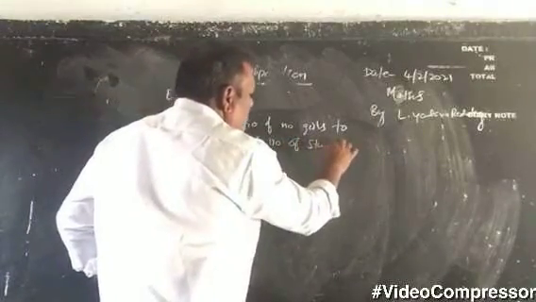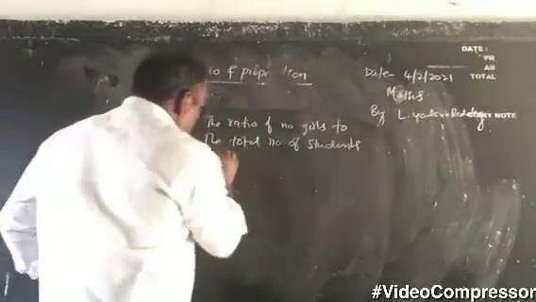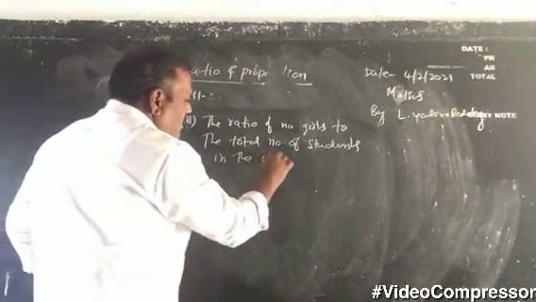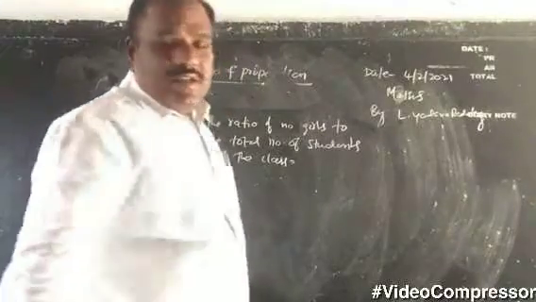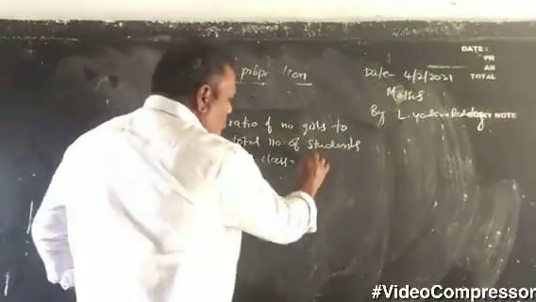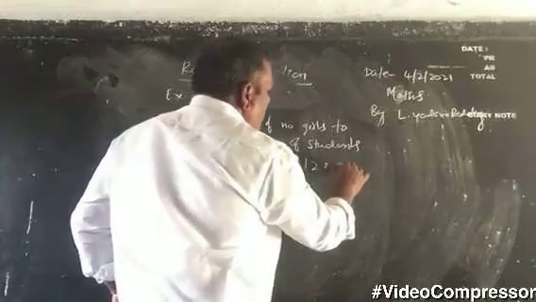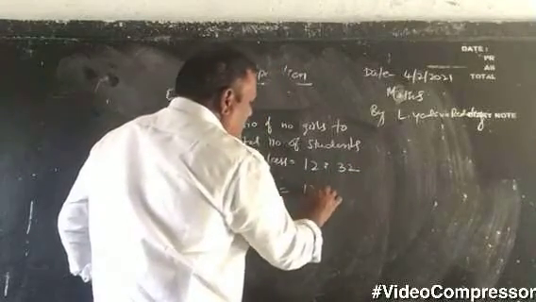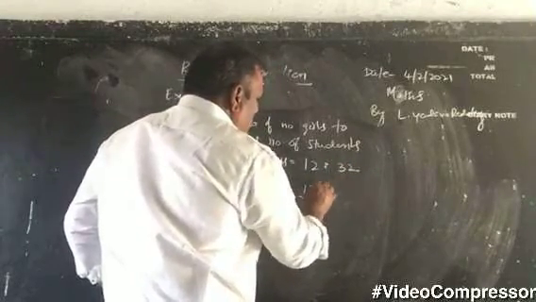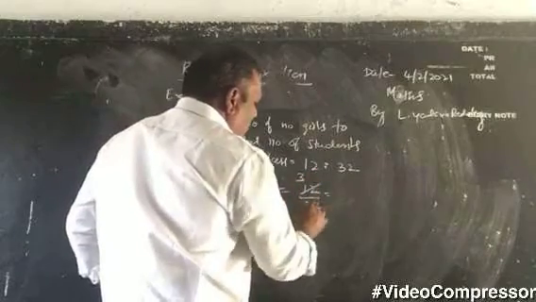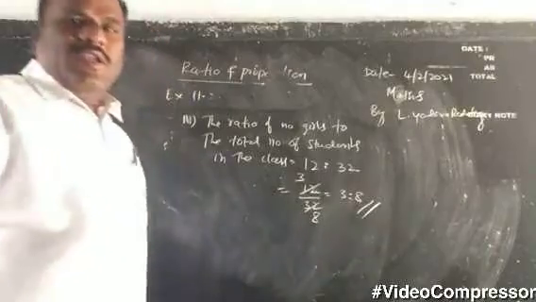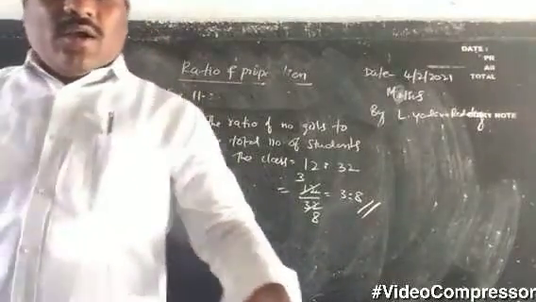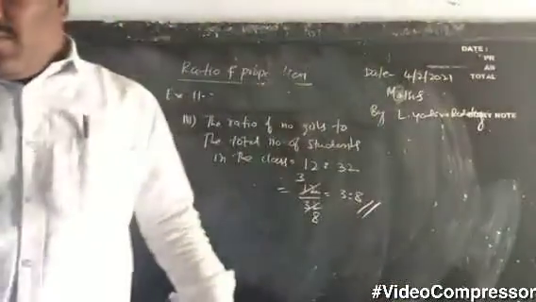Number of girls: how many girls are there in the class? 12 girls are there. So 12 is to 32. That implies 12 by 32. 4 threes are 12, 4 eights are 32. So 3 is to 8. 3 is to 8. So this is problem 3, children.